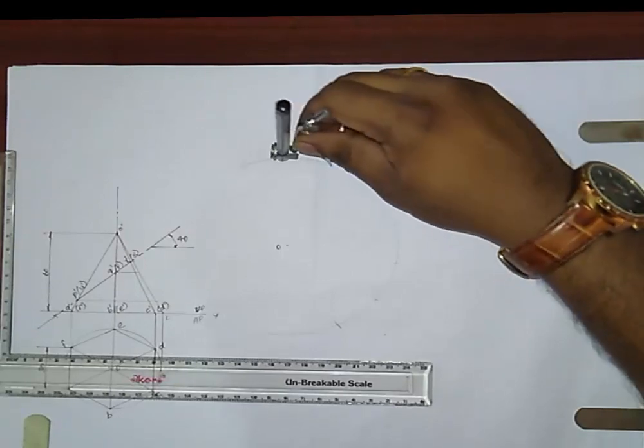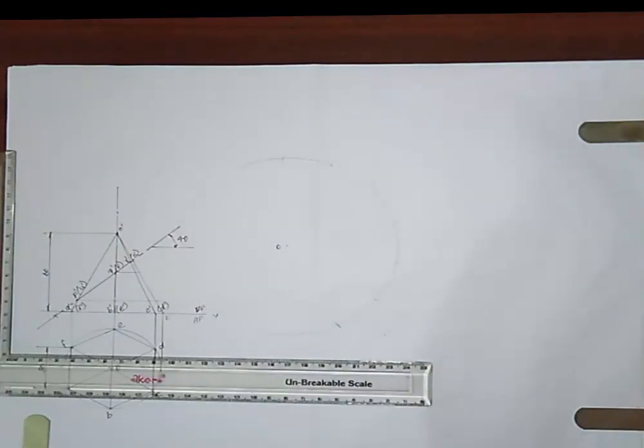Okay, since it is a hexagonal pyramid, I am making 6 divisions.